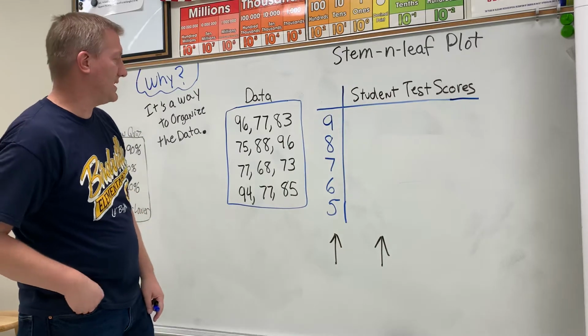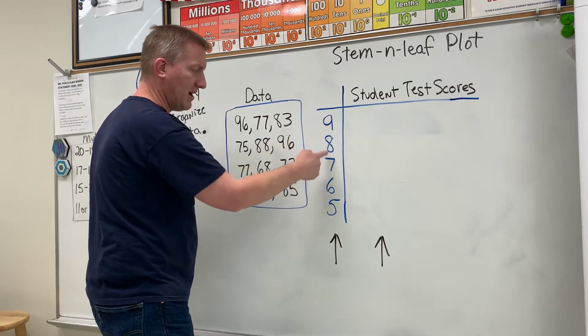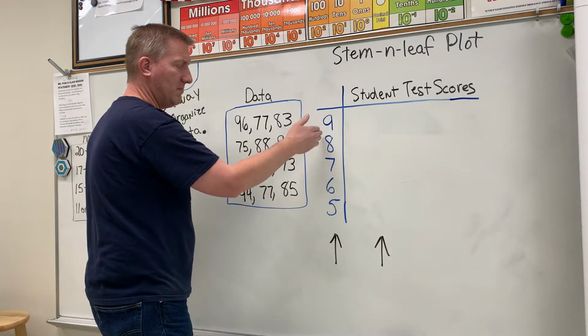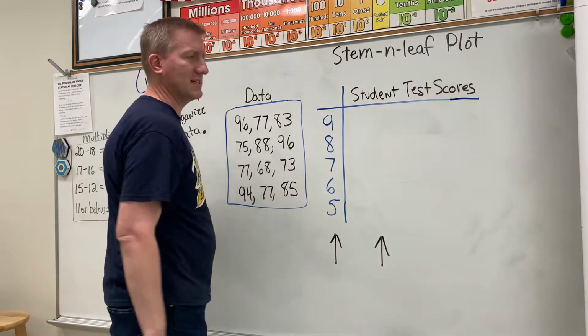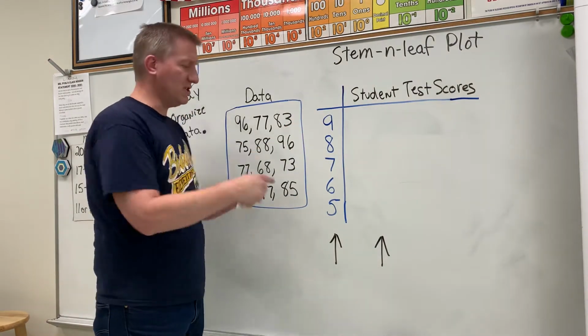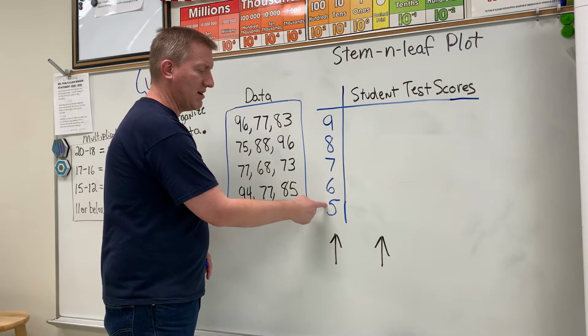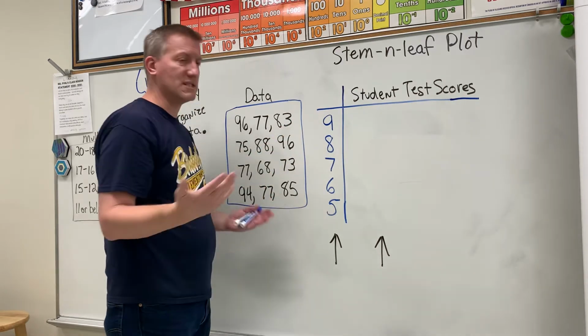So student test scores. If you look down here, you have a number going from greatest to least. Now you can change your stem and leaf plot around, and put the least one up here and go least to greatest if you want.